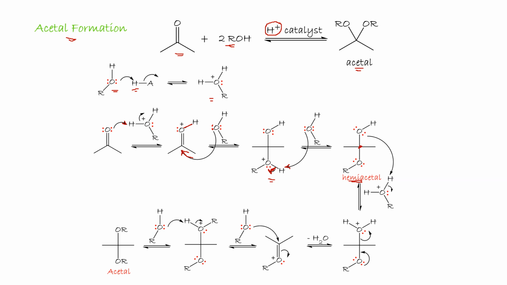The oxygen lone pair of the OH group will get protonated. The lone pair on the OR will donate its electron, pushing the H2O as a leaving group out. For this reaction to go well, we have to get the H2O out of the reaction, so the equilibrium will go forward to give you the product.